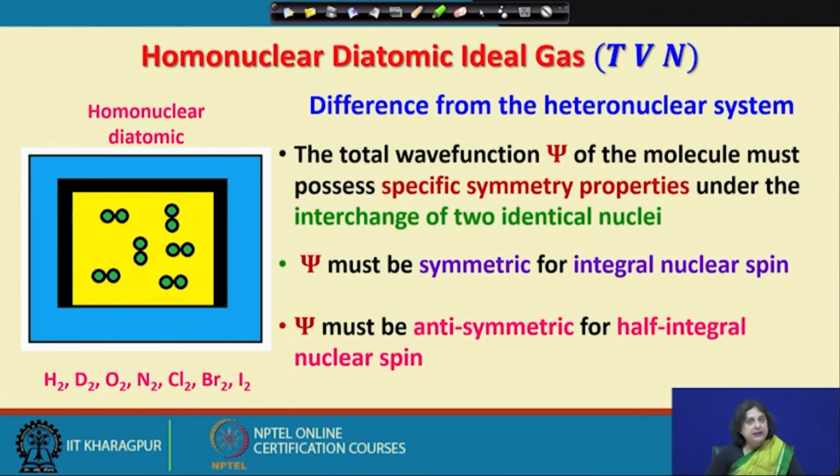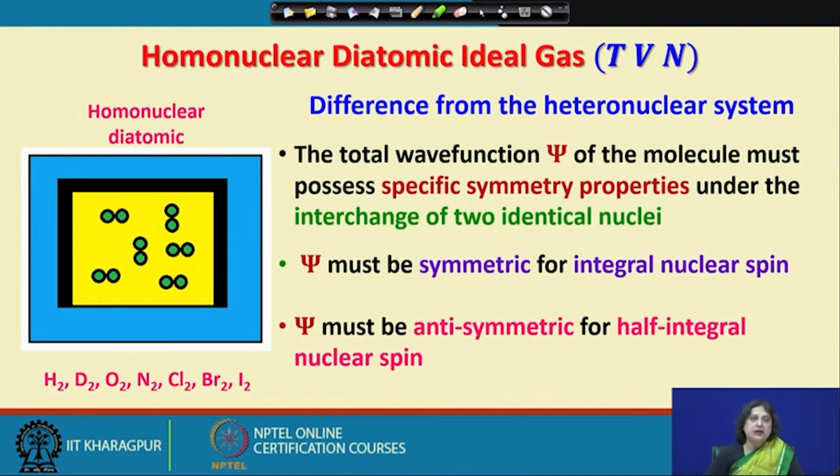And therefore, let us take up these different concepts of interchanging the two identical nuclei and what effect it has on the overall wave function as well as the single particle partition function.